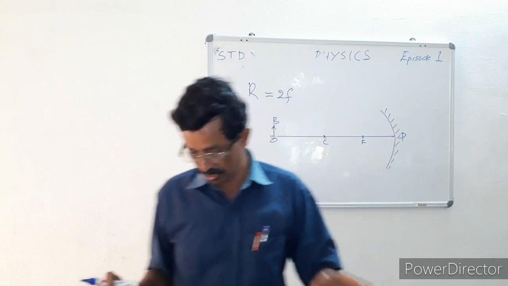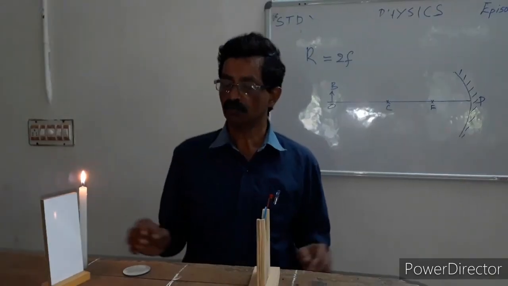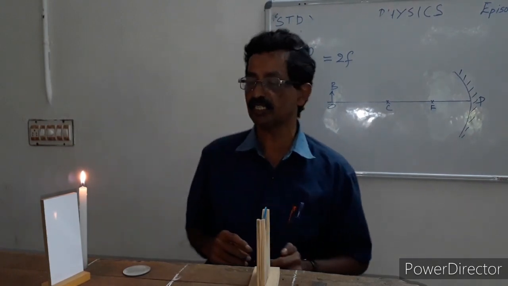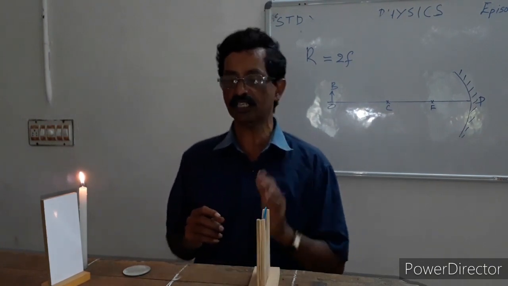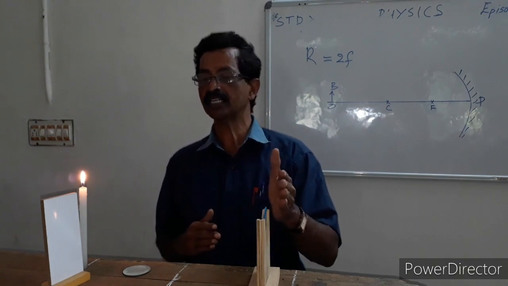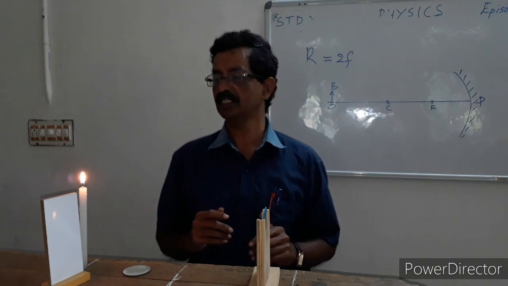Now we can do one activity. By using this concave mirror, at first we find the image of a distant object on the screen. The distance from the mirror to the screen is the focal length.